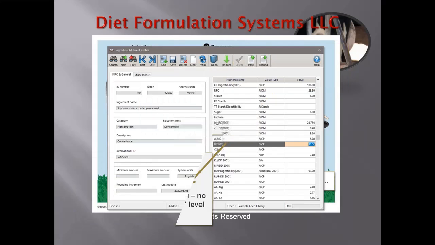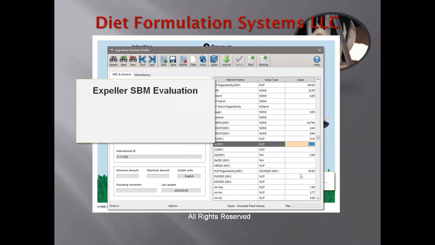So let's take a look at this. We're going to take expeller soybean meal and evaluate it. This is set up in DFS as a diet. It obviously isn't a diet because it's going to be 100% concentrates. But we're going to look at how the model describes RDP and RUP when we have an intake of expeller soybean meal of 1 pound versus an intake of 100 pounds.